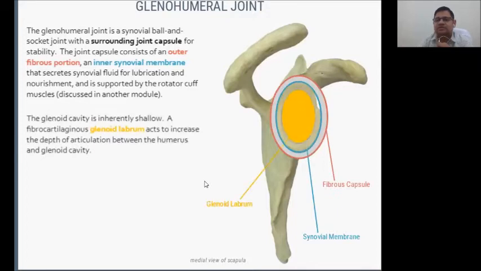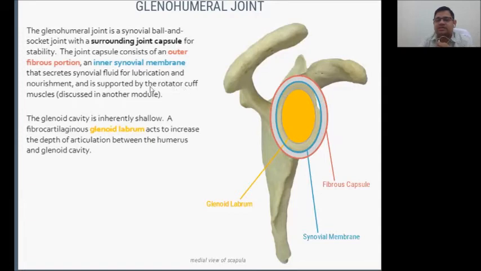The glenohumeral joint is a synovial ball and socket joint with a surrounding joint capsule for stability. You can see three coverings: the glenoid labrum in yellow, then the blue one is the synovial membrane, then the fibrous capsule, and the inner synovial membrane secretes synovial fluid for lubrication and nourishment.